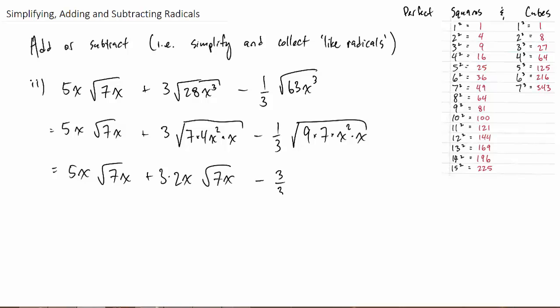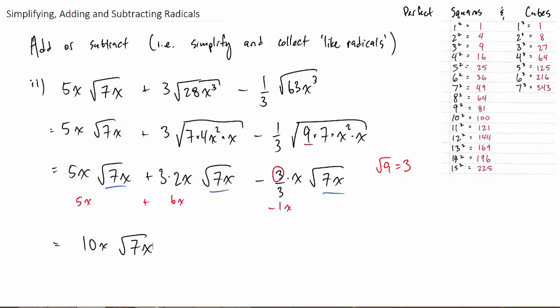In the second case there's 6x on the outside. And notice I got a 3 on the top because square root of 9 is 3. So we put this all together, you've got a 5x, a 6x, and a negative 1x. They all share the same radical and they have like terms in front of the radical. So combine it all, you get 10x times the square root of 7x. That's our answer. So that's a mixed radical in simplest terms.